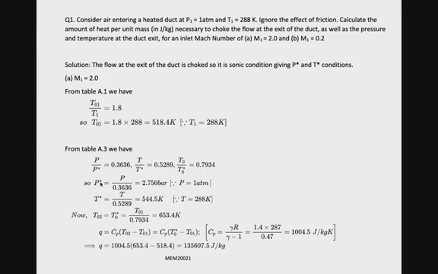So we find P star is equal to 2.750 bar, and T star is equal to 544.4 Kelvin.